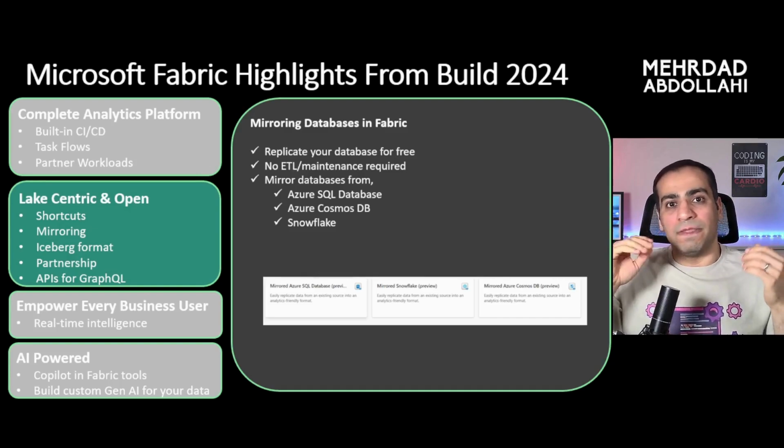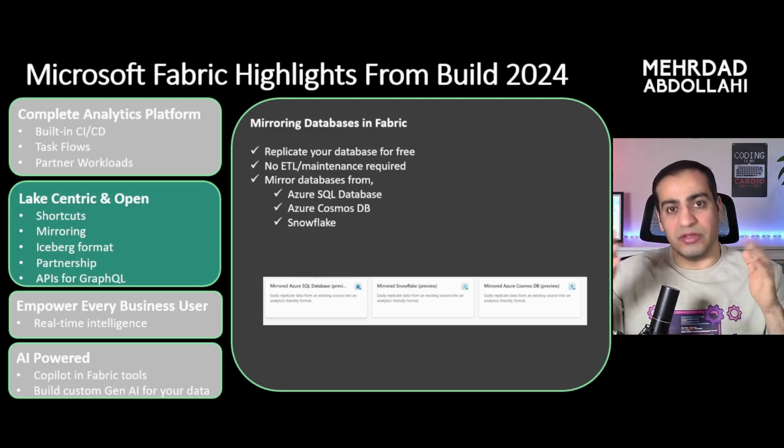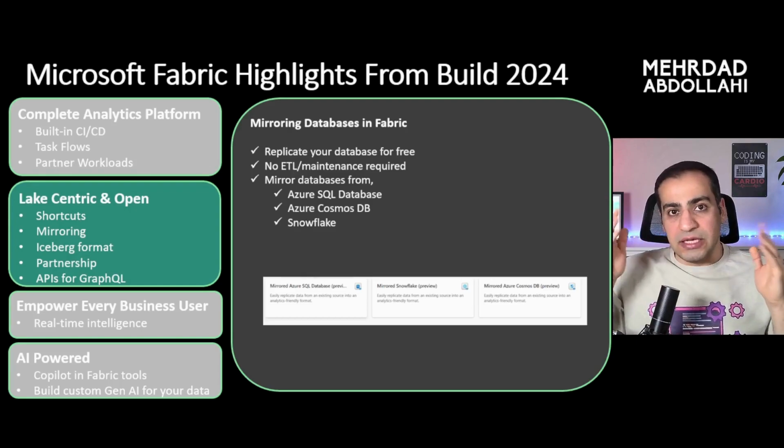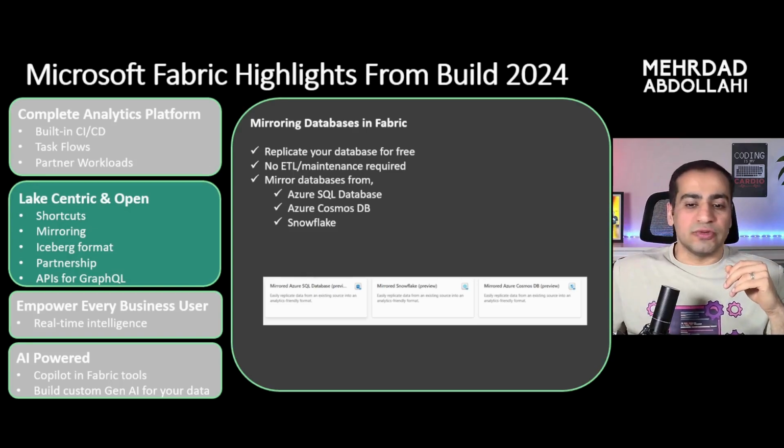So with no code, it is going to be fantastic, right? Whatever is changed in your source database is going to be written back in Fabric. At this stage, you can mirror databases from Azure SQL Database, Azure Cosmos DB for NoSQL, and also from Snowflake.